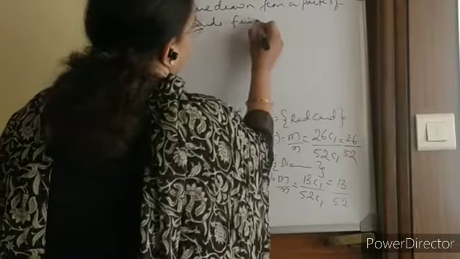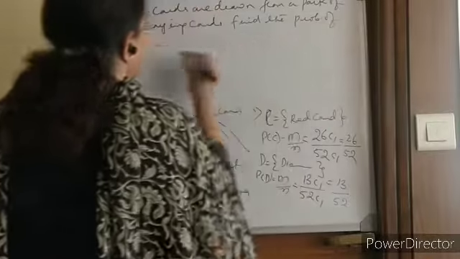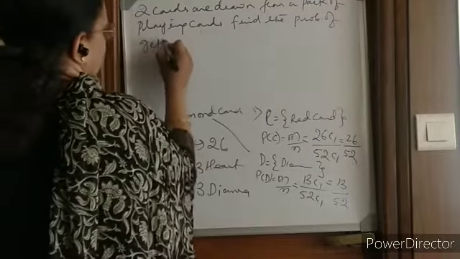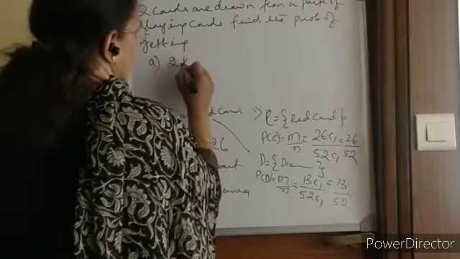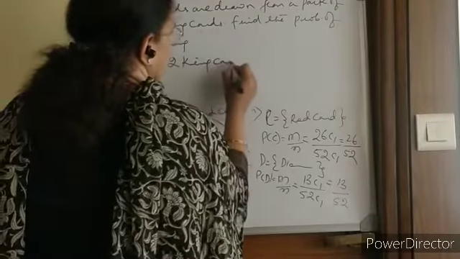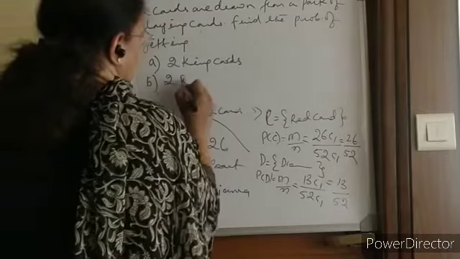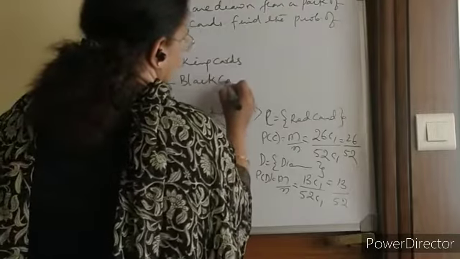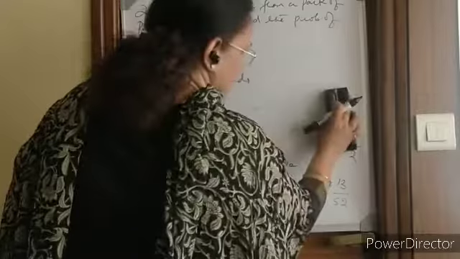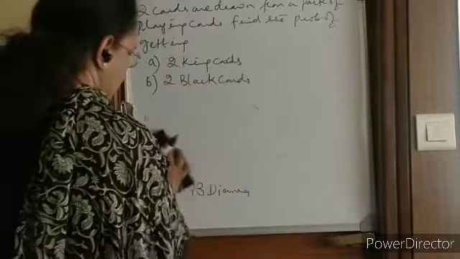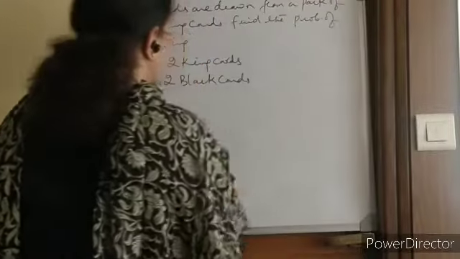Find the probability of getting: first one, 2 king cards; second one, 2 black cards. Now you see, the only change is that instead of NC1, you will have to take NC2, that's all.